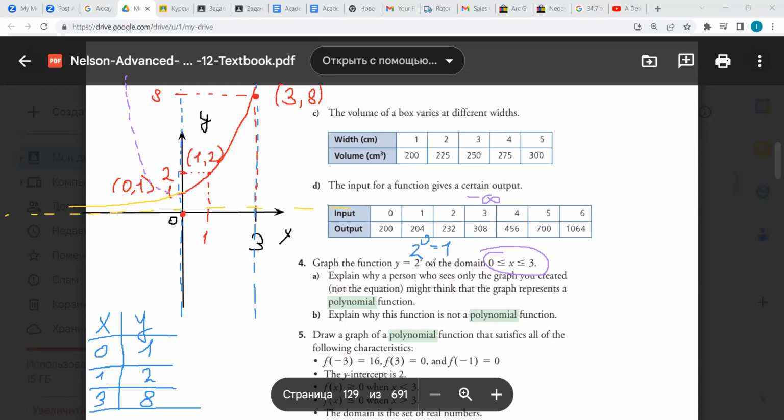Because the function 2 to the power x would never be equal to 0, no matter how low an x value you take. This function will always try to reach this horizontal asymptote, but it will never cross it. Am I right?